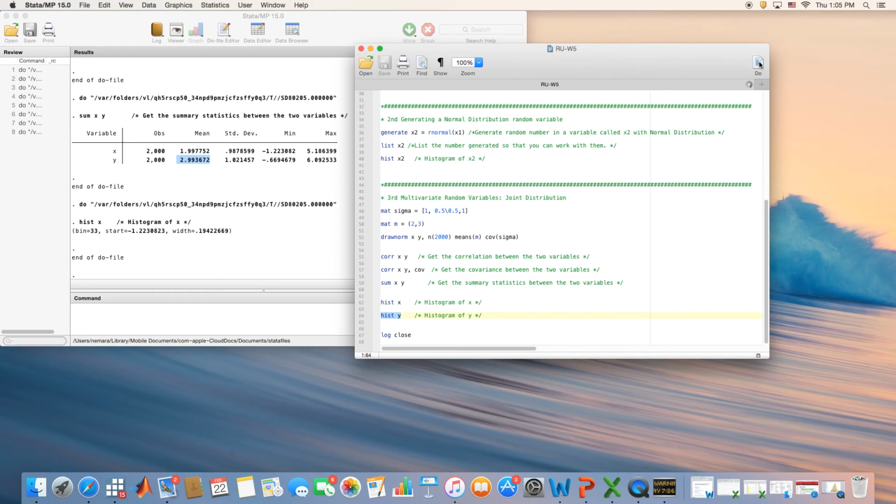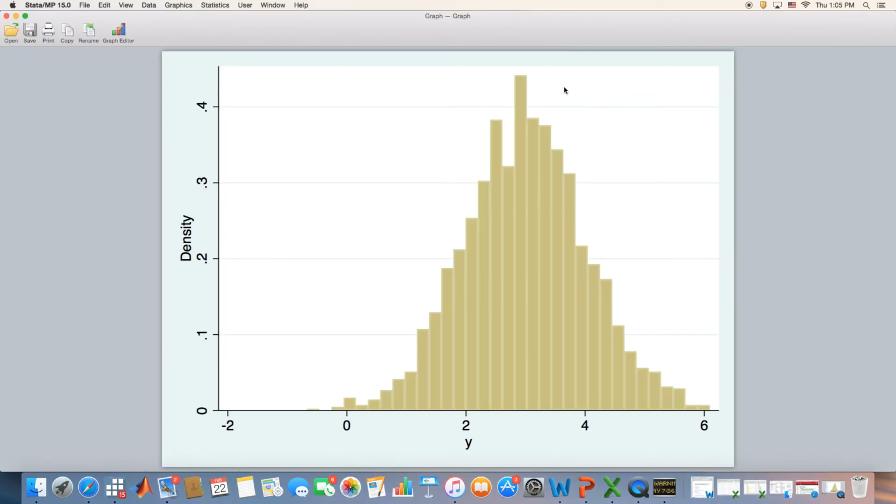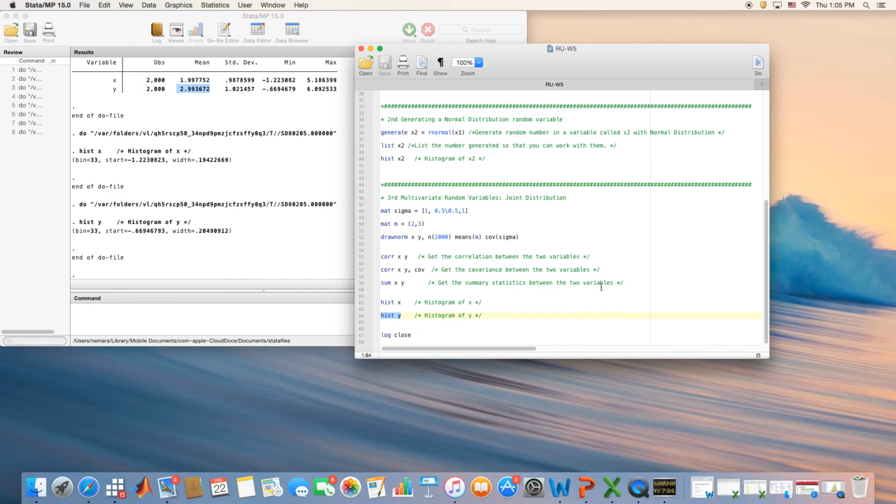And y has its peak or midpoint around 3. Again, it's a normal, not a standard normal. Standard normal would have the center at 0, which is here. All right, so I'm going to stop here and I'll give you a question very similar to this code to answer.